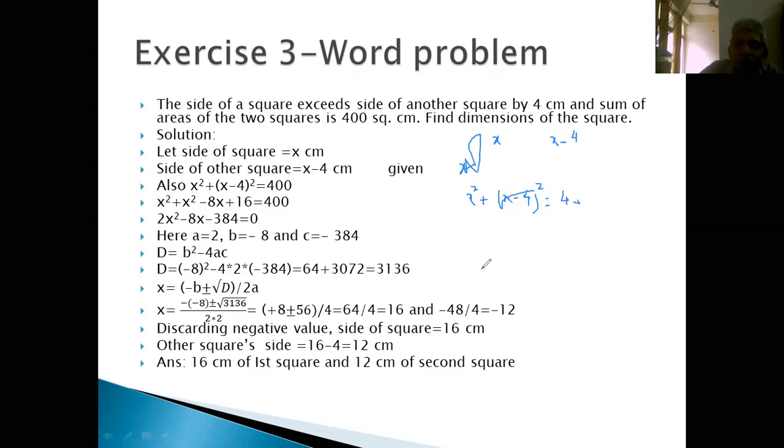I will solve it. We get x square plus x square minus 8x plus 16 is equal to 400.